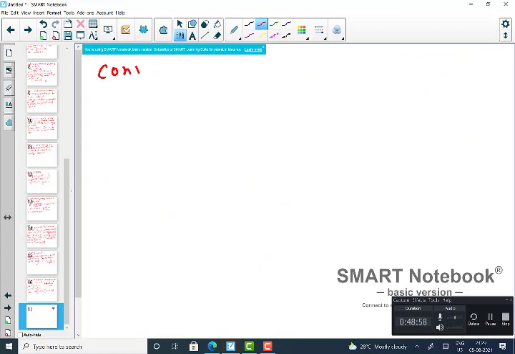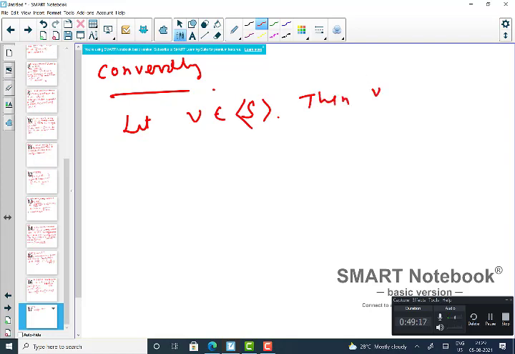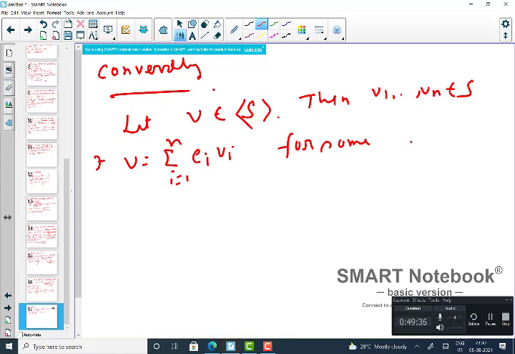Conversely, let this v belong to the span of S. So then there exist v1, v2, up to vn belonging to S, such that you can write v as the summation CiVi, i equal to 1 to n, for some Ci belonging to F, right? Clear? This is okay.